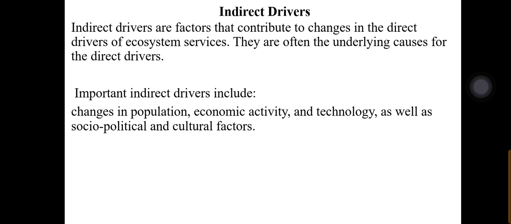These are actually the human-induced factors. Examples include the changes in population, not being able to control our population. This is one of the indirect drivers, and this also directly affects the direct drivers that affect the biodiversity. So we have the economic activity and technology, as well as socio-political and cultural factors.